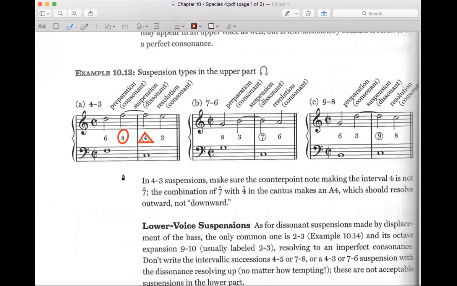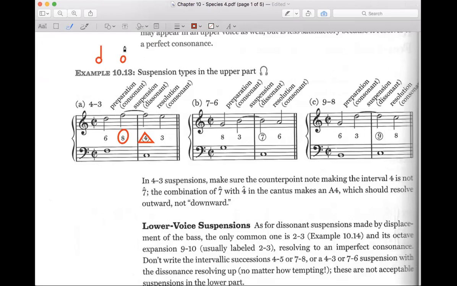At this point, I would ask the room, if we were sitting in the same room together, what other species does this look like? Does it resemble species 1, species 2, or species 3? Certainly one of them, you've seen something similar. And of course, you would all say, oh, right, this looks a lot like species 2, doesn't it? Because it's operating in half notes.